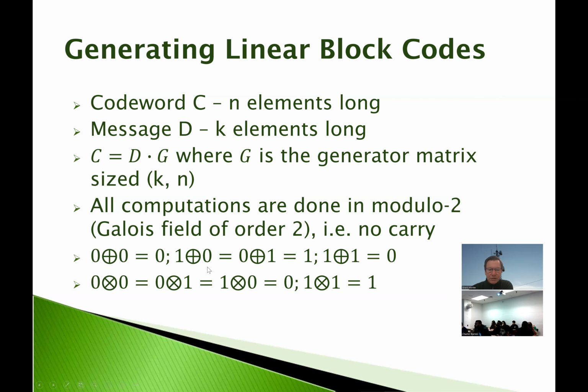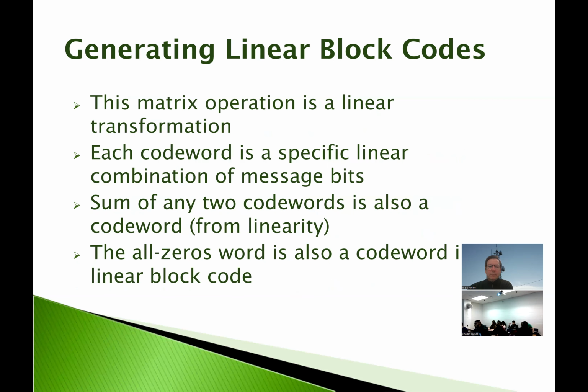And multiplication is a little bit simpler. Anything times 0 is 0. Anything multiplied by itself, 1 times 1, is going to be 1. All right. So this matrix operation is a linear transformation. Each code word is a specific linear combination of the message bits.